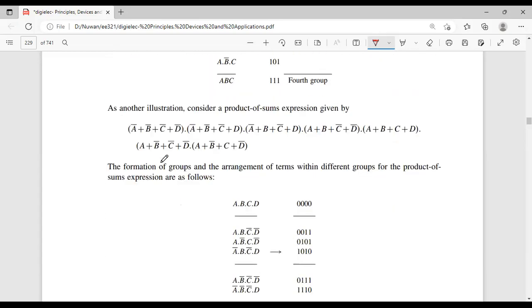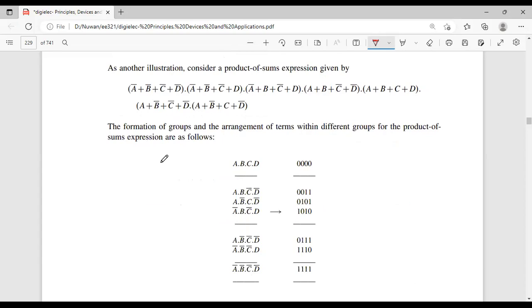So strictly, you will be given that kind of expression: F(A, B, C, D) is equal to maybe sum of 3, 2, 5, 0, like this. So this kind of expression you will be given.